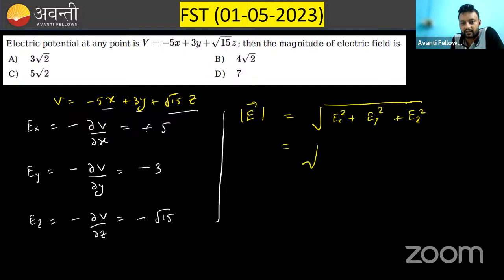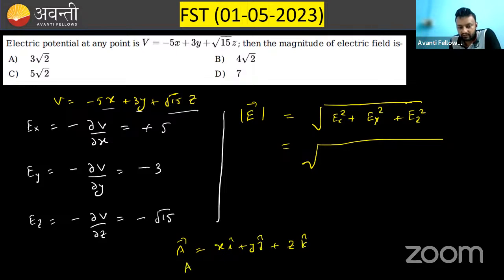This is the method of getting the magnitude of a vector. For example, you have vector A equals x i cap plus y j cap plus z k cap. So the magnitude of this vector is nothing but root of x square plus y square plus z square. That's what we are doing here.